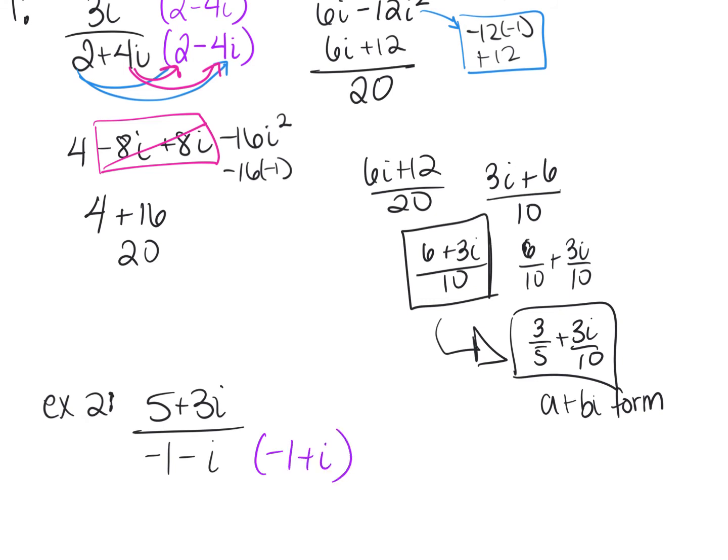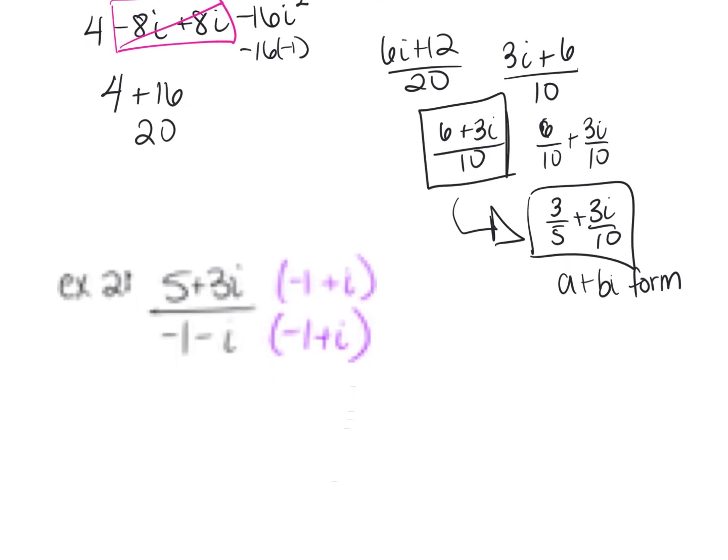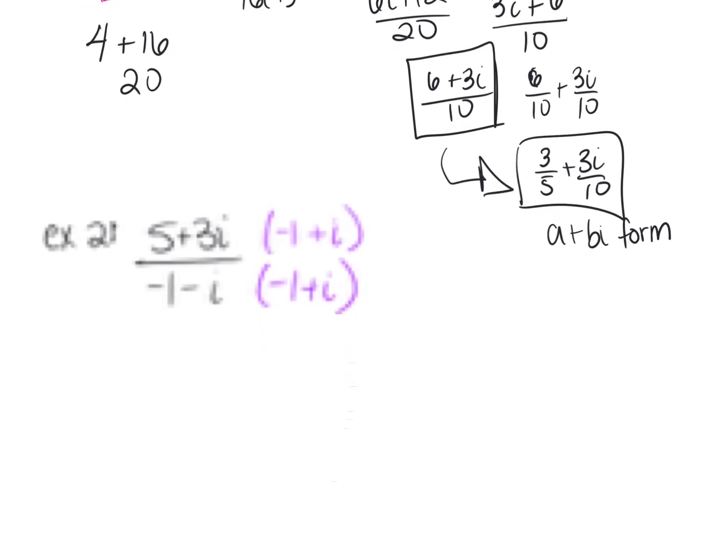The only thing I'm changing is the sign on the i term, okay? Negative 1 plus i. And then I have to distribute out, FOIL out the top and the bottom. So we'll do the top, 5 times negative 1, negative 5. 5 times i, plus 5i.